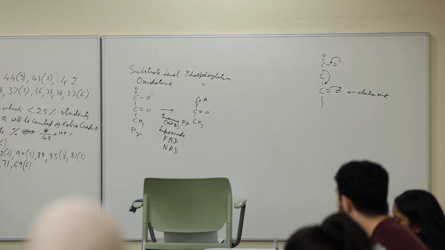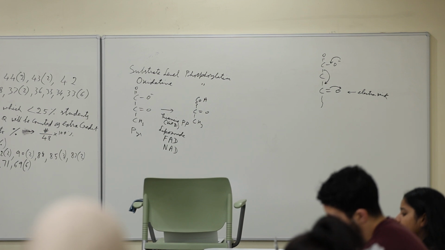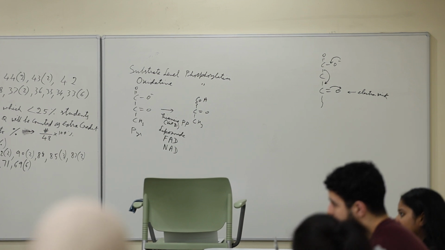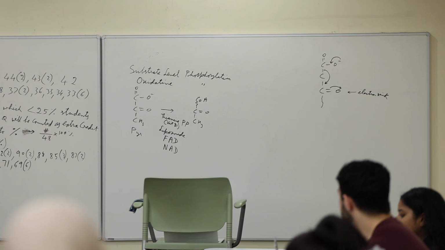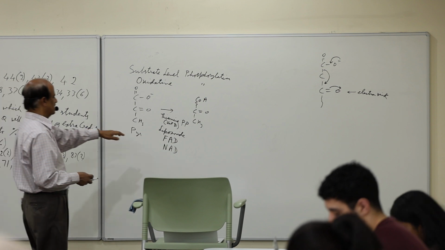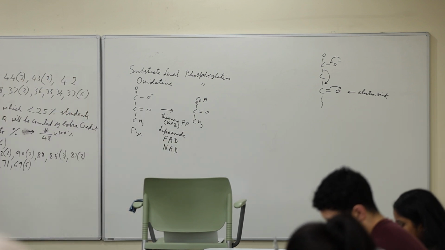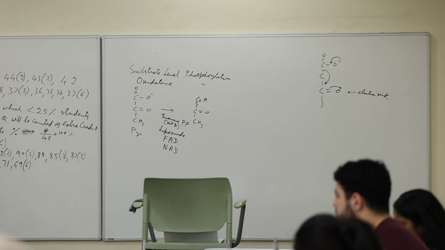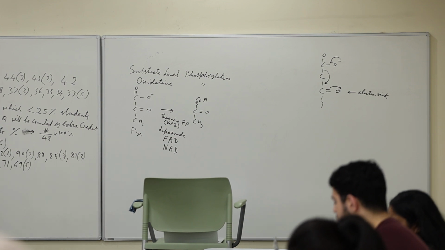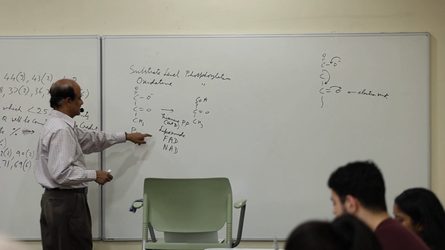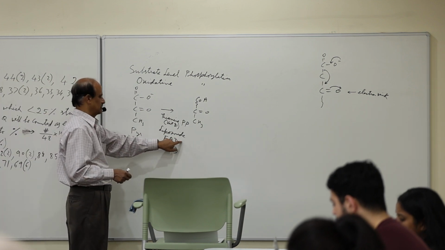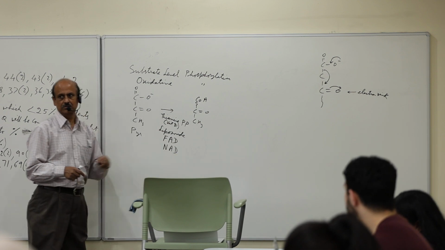As I mentioned before, anytime you have FAD, there will always be NAD somewhere involved because FAD is a prosthetic group, and when prosthetic group is the oxidizing agent, it will become FADH2, and that will not leave the enzyme. If it doesn't leave the enzyme, then it cannot be oxidized by oxygen. Because remember, your eventual energy has to come from reaction with oxygen. FADH2 cannot be getting out of the enzyme, so there is always another enzyme that will transfer the hydrogen from FADH2 to NADH, and NADH is a co-substrate.